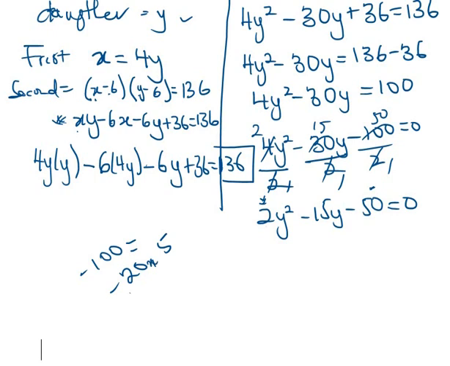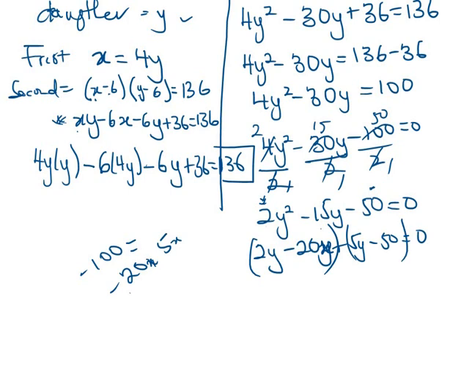So we are going to get 2y squared minus 20y plus 5y minus 50 being equal to 0. Now from there, we group them. We group the first two and the second two. So we are going to factorize 2y out for the first one, and we are left with y minus 10.